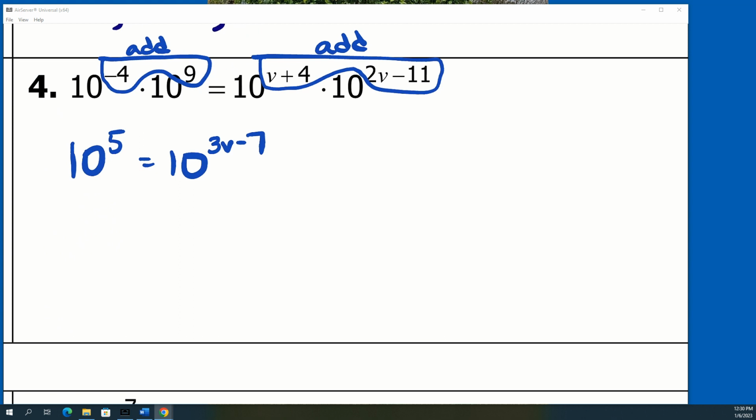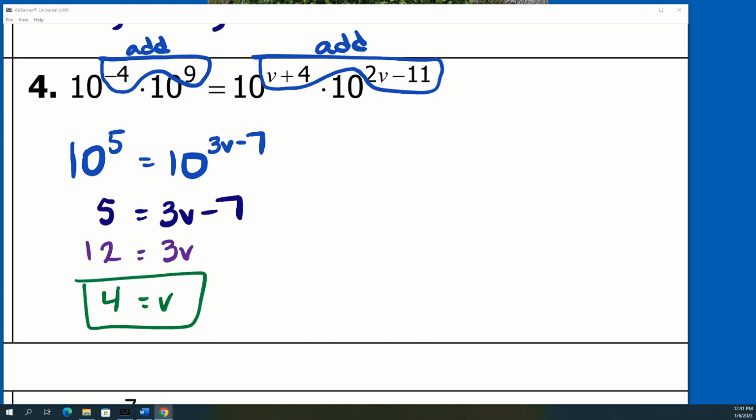All right, and then we're ready to just set the exponents equal and figure out what v needs to be. So I'd add the 7 and then divide by 3. So the work I showed on this one is really all I need to see you show me. If you want to show me more, like if it helps you to write out all the little parts, go ahead. But this is all I really need to see.